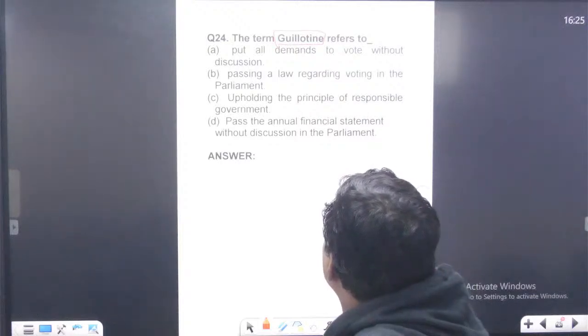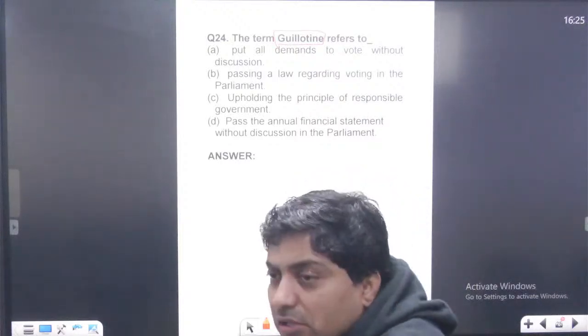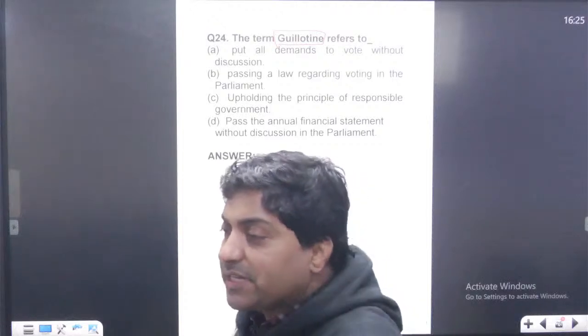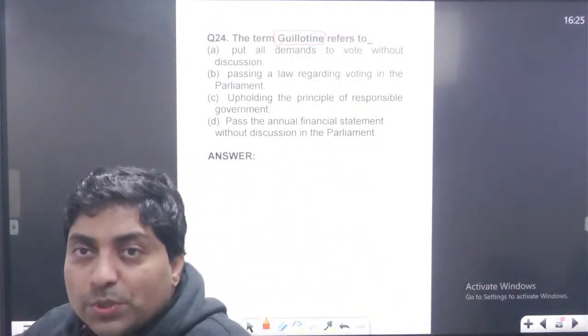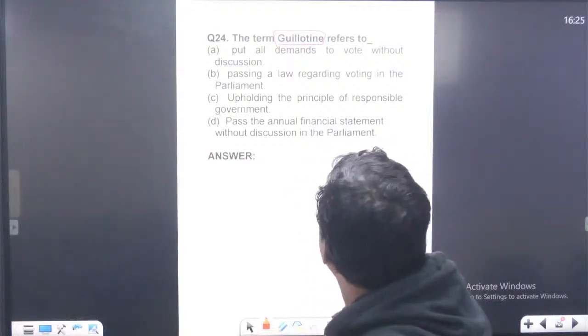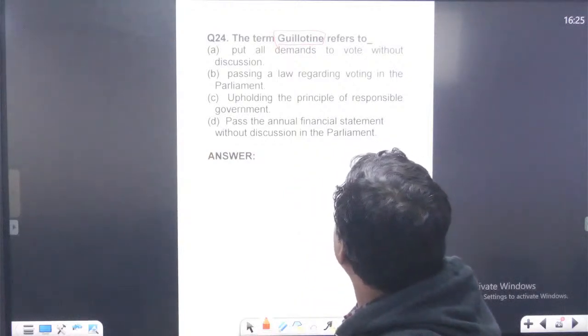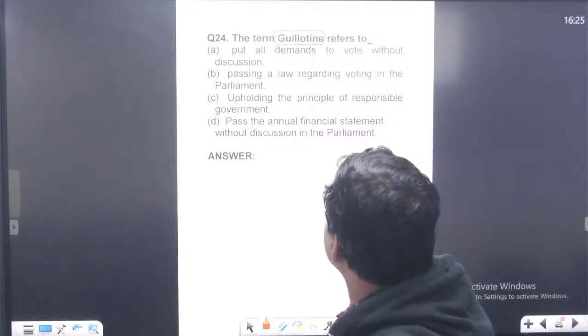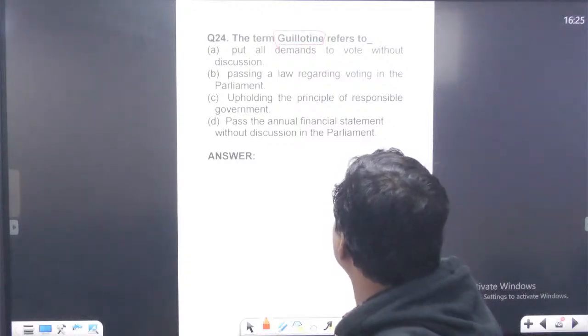What is guillotine? Guillotine is when the Parliament puts the discussed part along with the undiscussed part and passes it. Right? The budget.